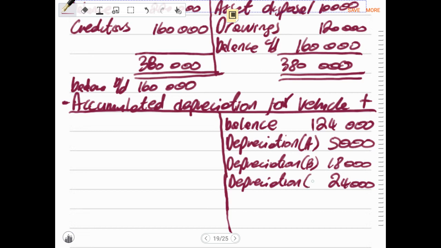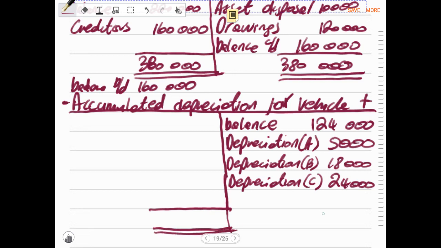And vehicle C was in the business until the end of the year, so its depreciation will be recorded at the end of the year. So now these are different dates. Hence, we must not add all the three and have one sum of the three amounts. We don't do that when transactions occurred on different dates.